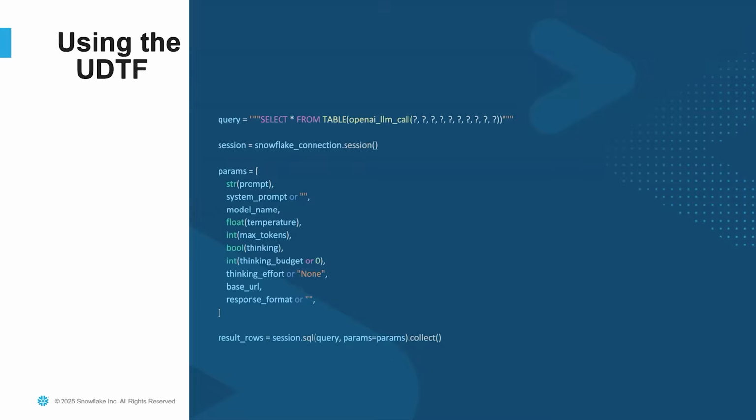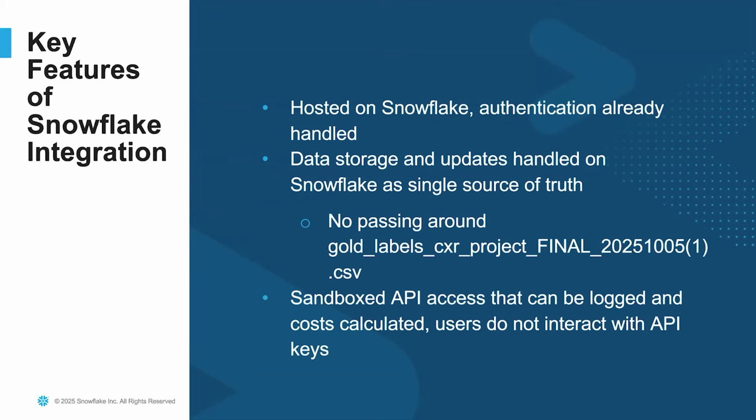You can just define your session, put all of the parameters into the query, and then you just do it like any other query. That will get us back the resulting tabular return value. And we can use that to then parse the JSON and evaluate it against the gold labels.